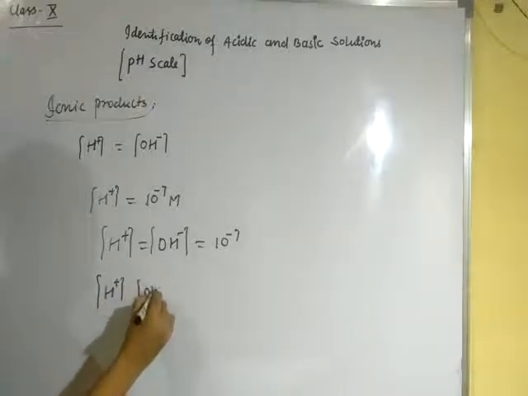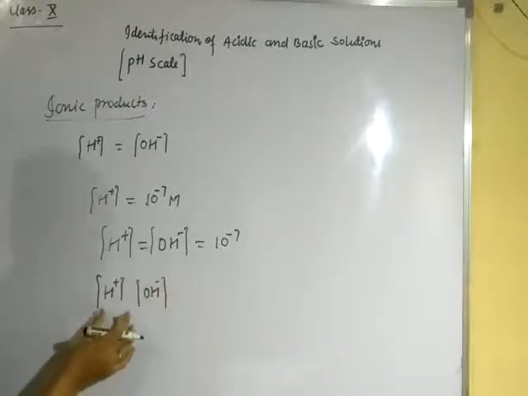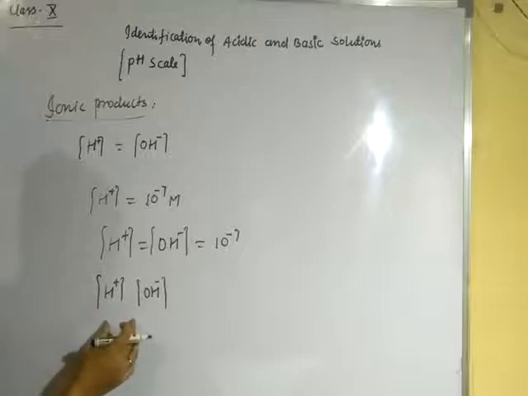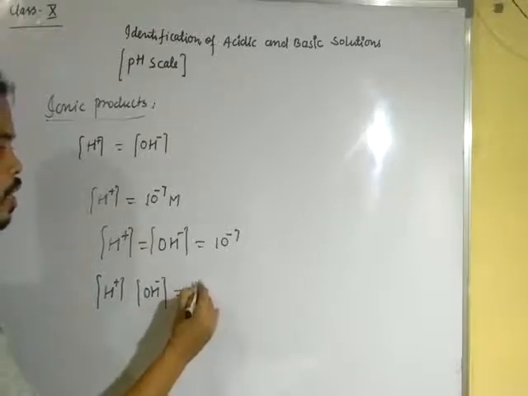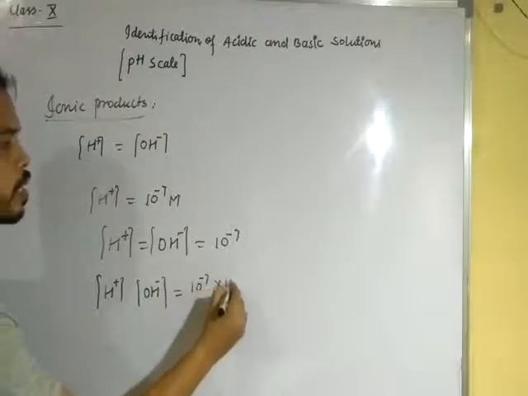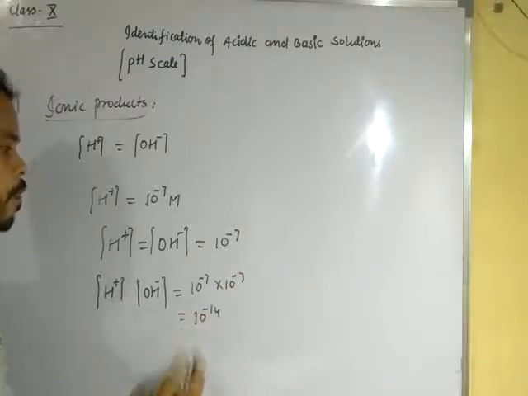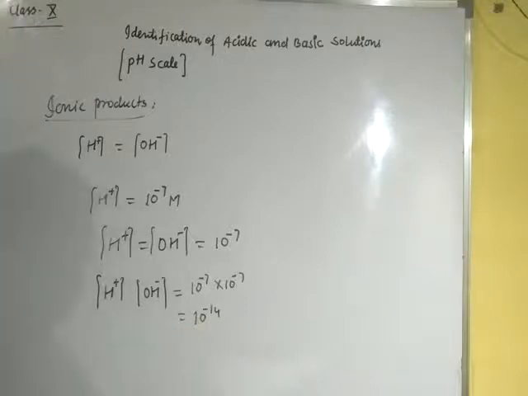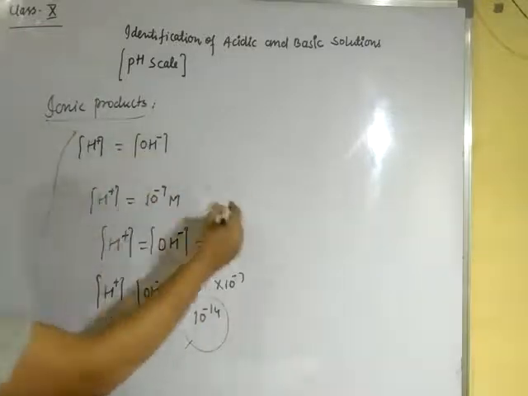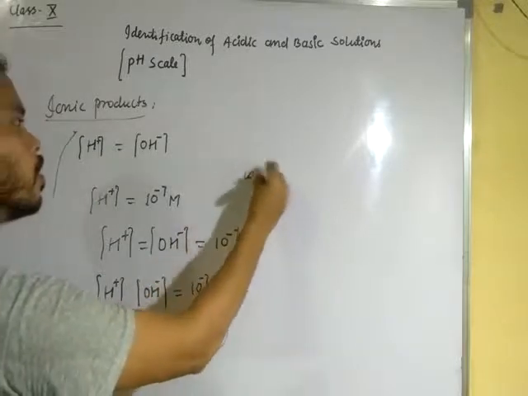The product of H plus ion and OH minus ion concentration is 10 to the power minus 7 into 10 to the power minus 7, which is 10 to the power minus 14. So this is the ionic product of water.